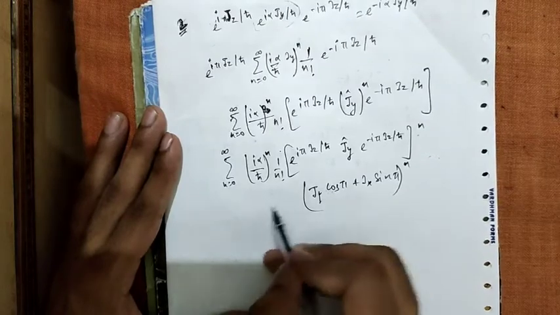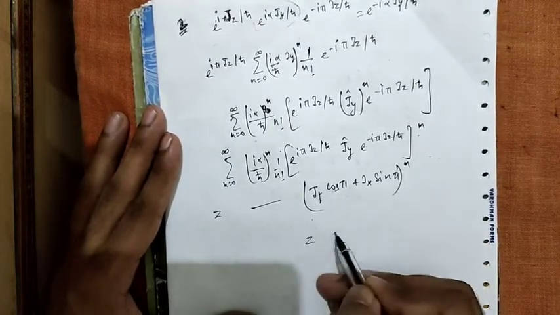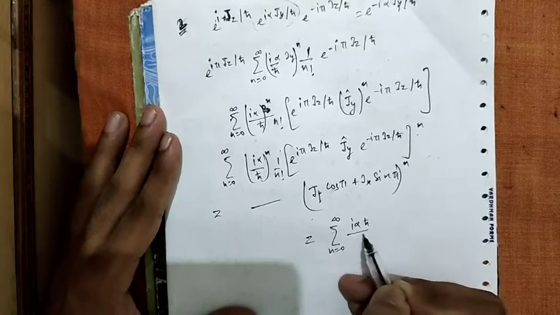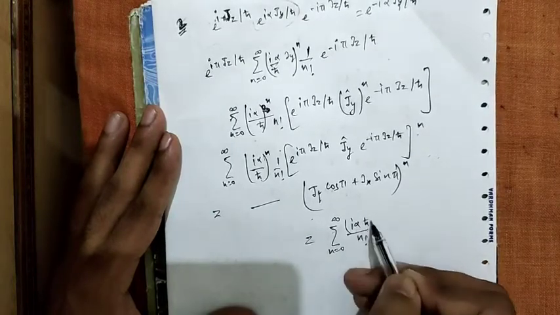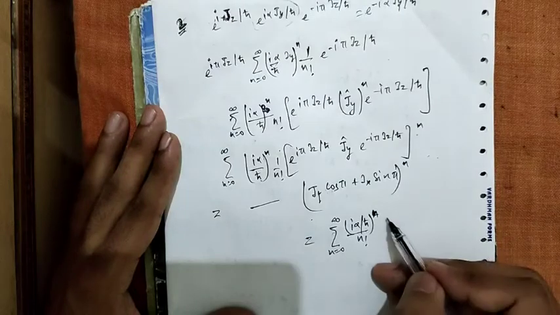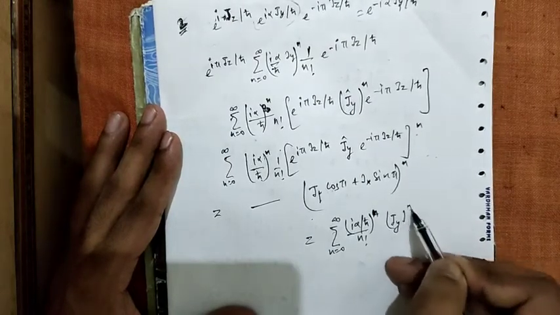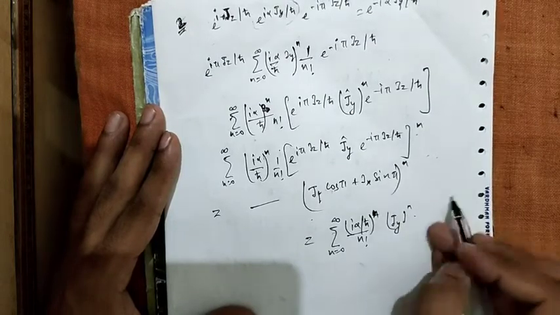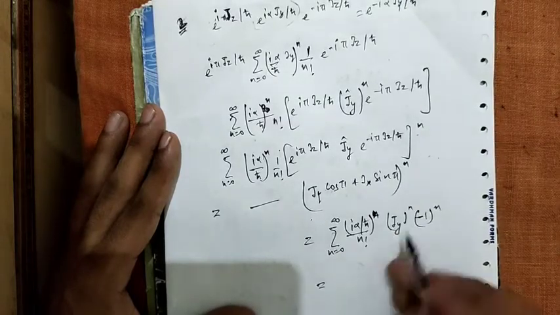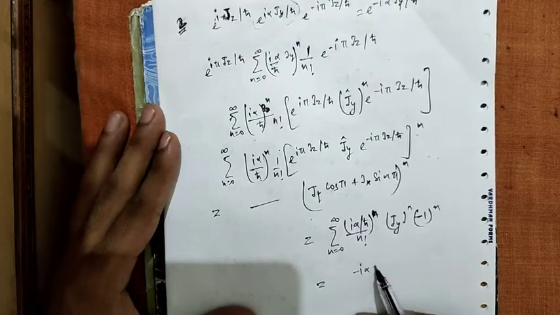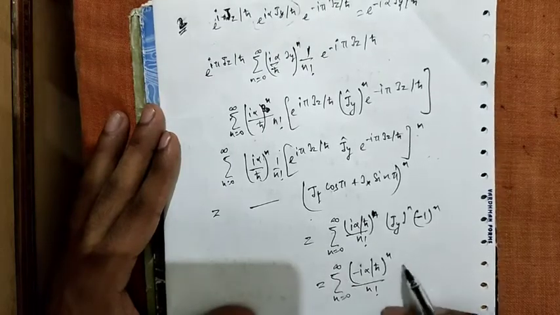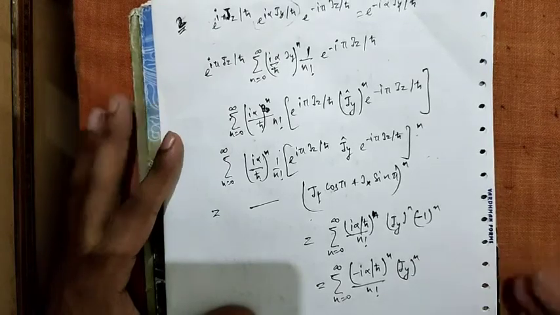So the whole expression equals the summation of i alpha by h cut to the n by n factorial times Jy to the n with minus 1 to the power n, which can be written as the summation from n equals 0 to infinity of minus i alpha by h cut to the n by n factorial, Jy to the power n.